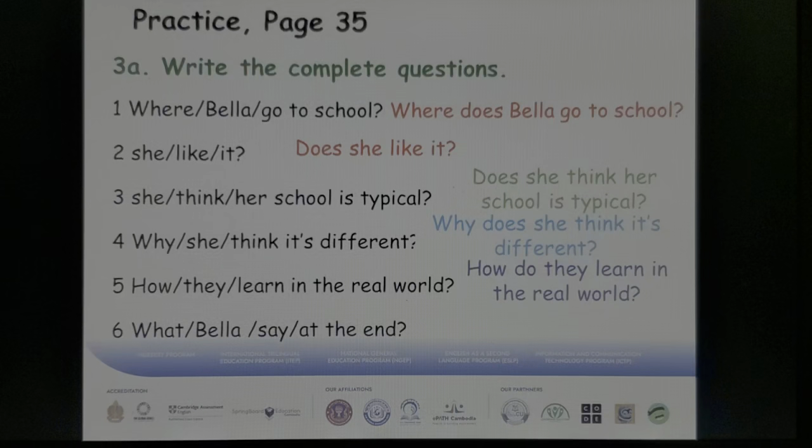And I almost forgot Patna, not Panda. What Bella say at the end? What do or what does? The same here, right? Does Bella. So the answer must be, what does Bella say at the end? Okay, that is the answer.